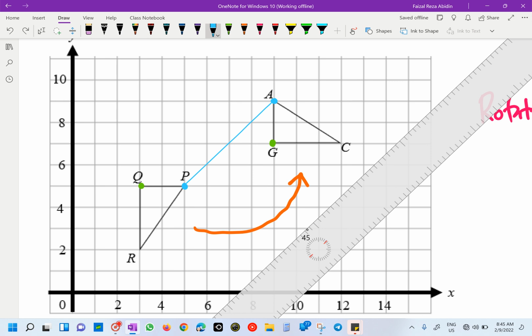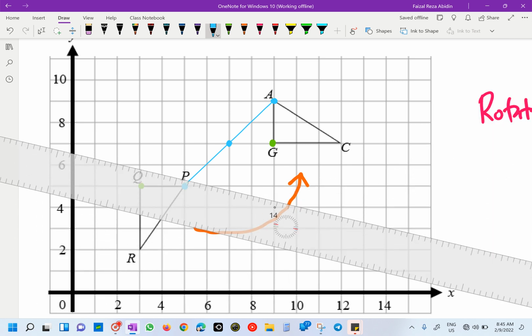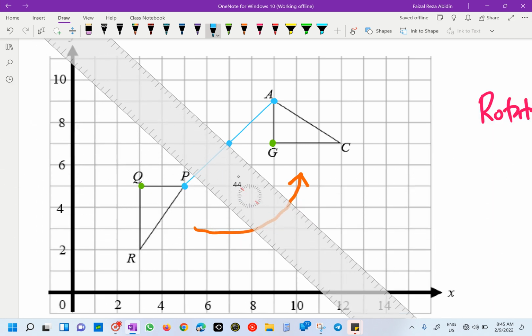Perpendicular. Tak ingat dah perpendicular. So you have 4 over here. You are going to find the midpoint. 4 divided by 2, you're going to get 2. 2 is going to be here. Am I right? So you are going to have 2 units perpendicular to the straight line.